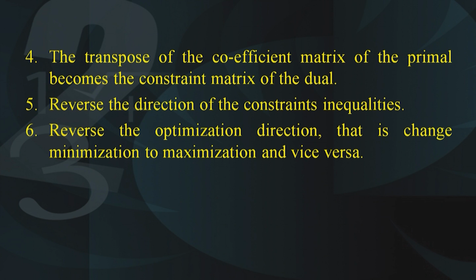And the sixth rule says reverse the optimization direction. That is, if it is a maximization problem, convert the dual as the minimization, and if in the primal it is a minimization, then the dual becomes a maximization. So, with these general rules, we will be able to write the dual of a given primal.